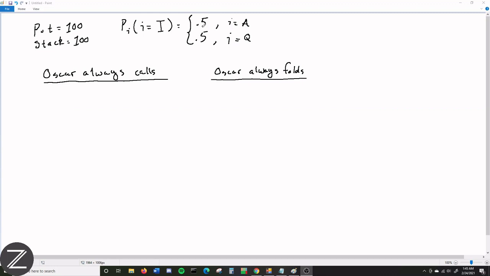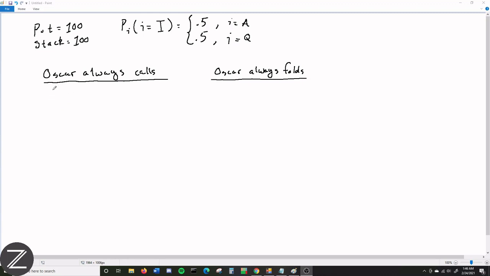So in that scenario, there will be a quarter of a combo of queens and a full half a combo of the ace. We're just going to look at a couple scenarios and demonstrate how no matter what Oscar does, it's impossible for him to minimize India's expectation. So we're still going to look at it from the perspective of India's holdings.